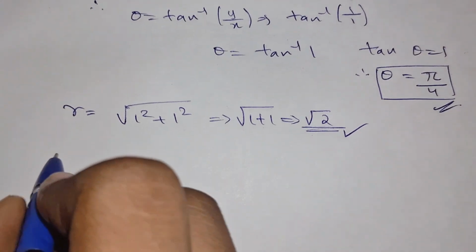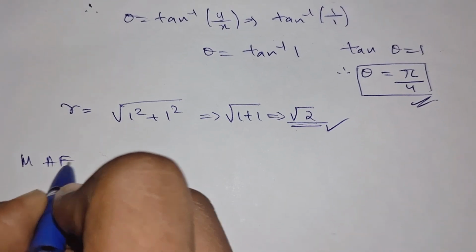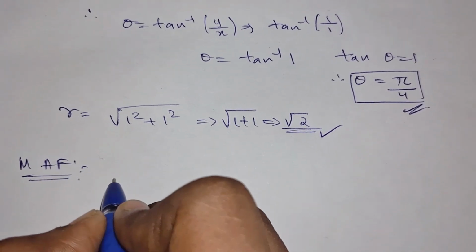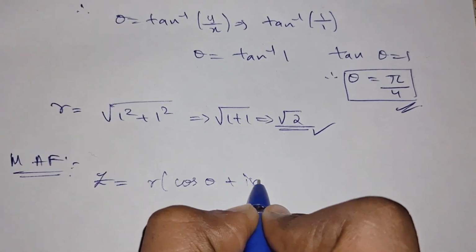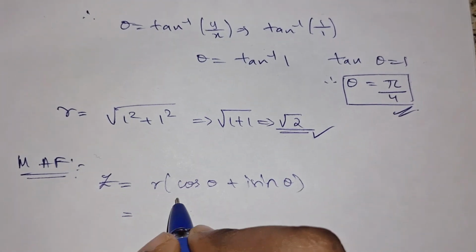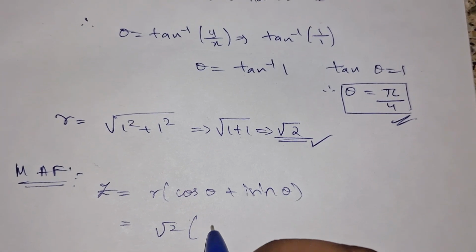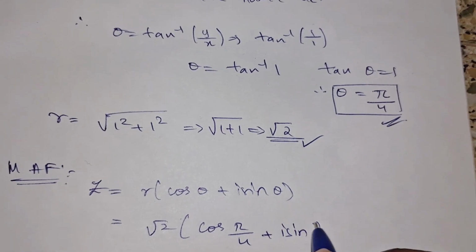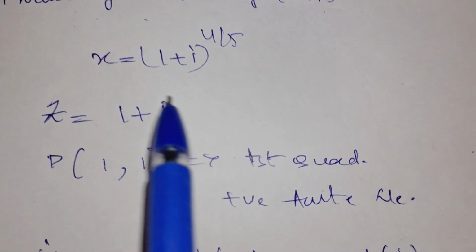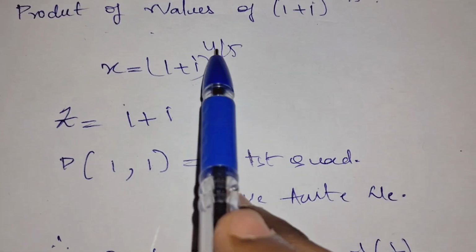Now I will write the modulus amplitude form, that is z is equal to r (cos theta plus i sin theta). Substituting the r and theta values, we get this. We have to find (1 plus i) to the power 4 by 5.